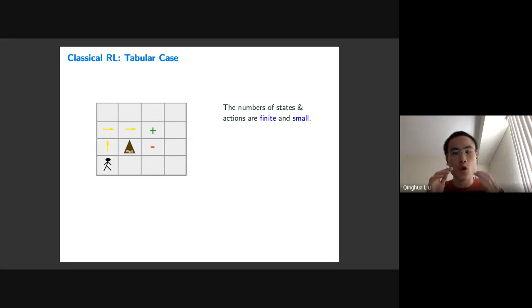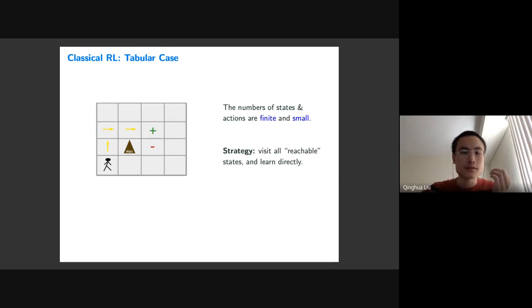The special property of this tabular setting is that the number of states and actions are typically finite and oftentimes relatively small. So the strategy for solving this tabular case is very simple. Basically, we just try to visit all the reachable states and learn the transition dynamics at those states to a reasonable accuracy.